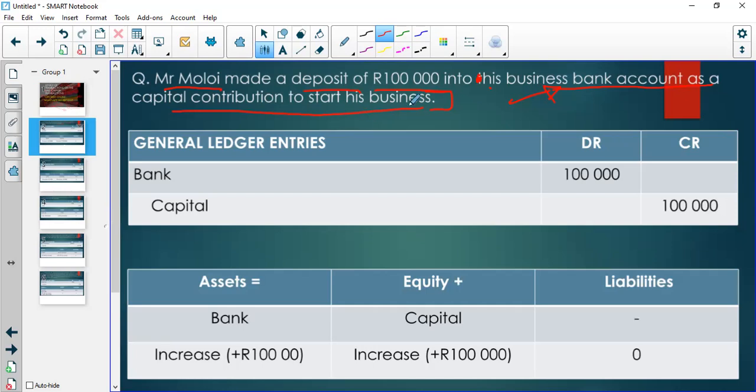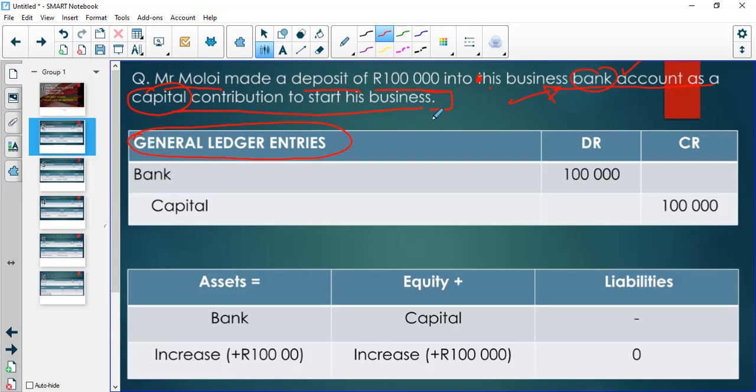If you look at this, a bank account has been affected, and a capital account has been affected. So we now need to do what we refer to as general ledger entries. In other words, we want to record this in separate accounts.